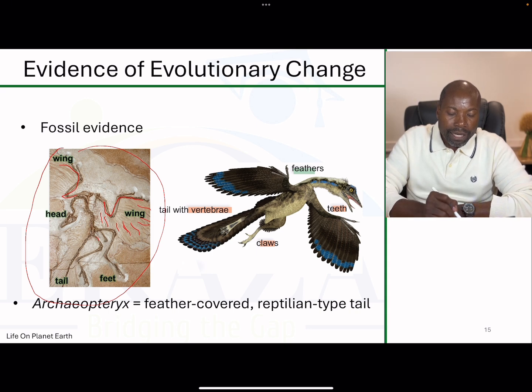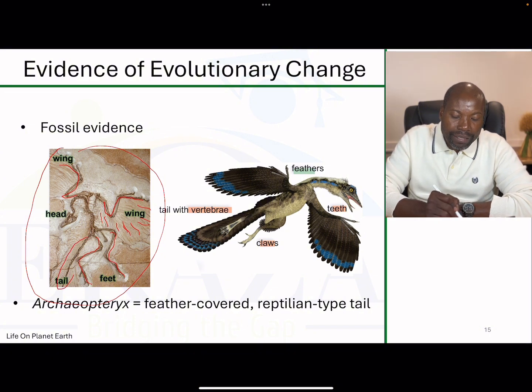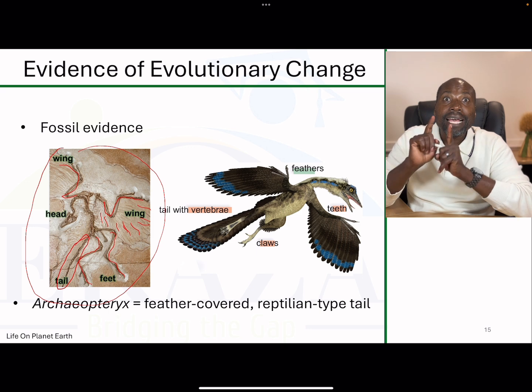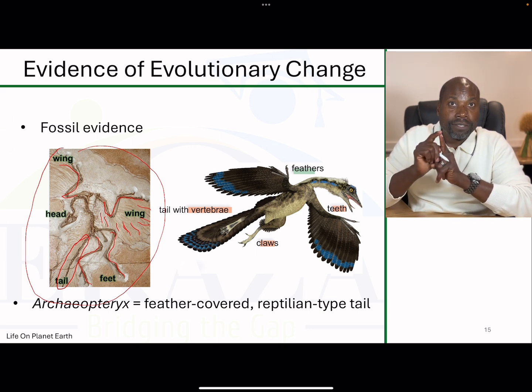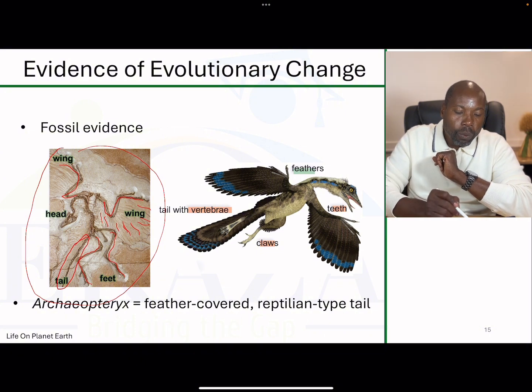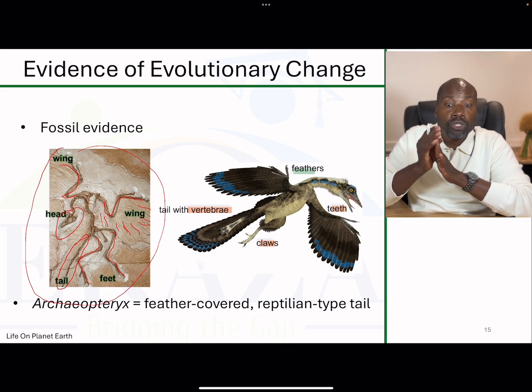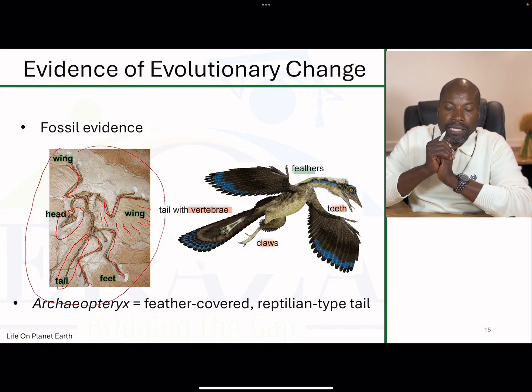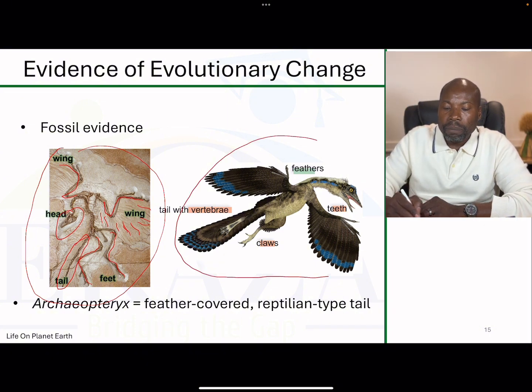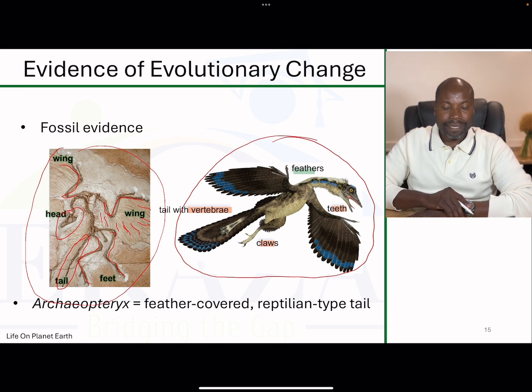We can see what looked like the legs here, and we can see what appears to be the tail, and that tail had feathers. Let me also talk about the head. When you look at the head, we see that the head had teeth, right?